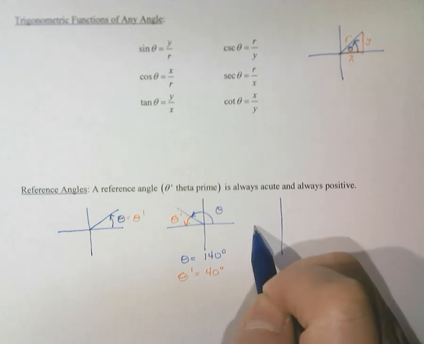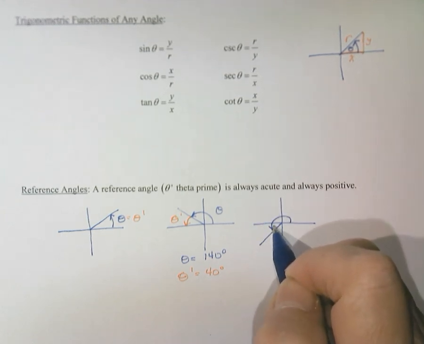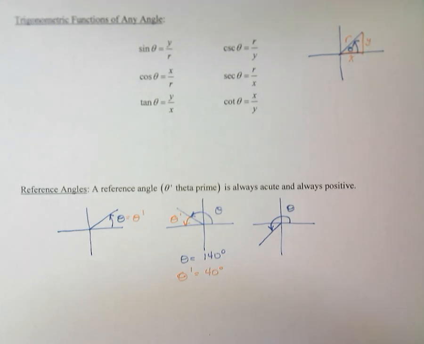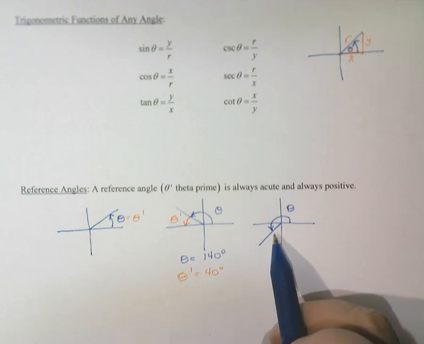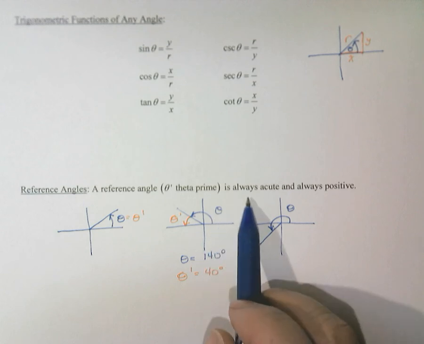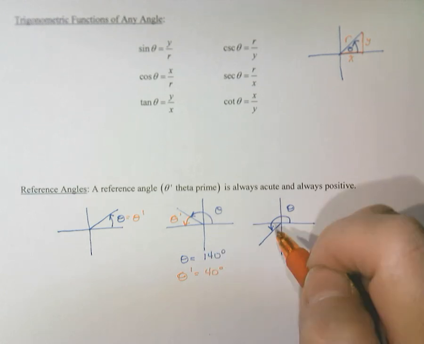If I had something in the third quadrant, so the angle that I've drawn in blue is theta, I want to get an acute angle. Well, I'm not going to do like I did this one and continue that angle on, because theta prime always has to use the x-axis.